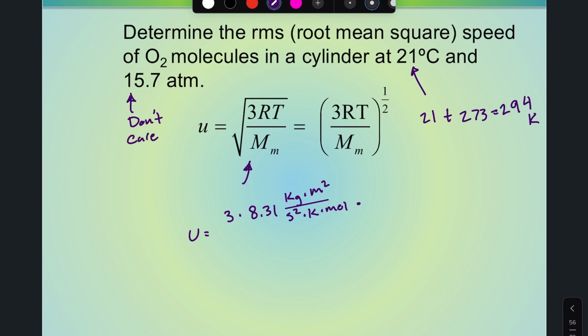And we'll multiply that by our temperature, which is 294 Kelvin. Now we have an O2 molecule. So O2 is going to be 15.99 times 2, which is the number of grams per mole.